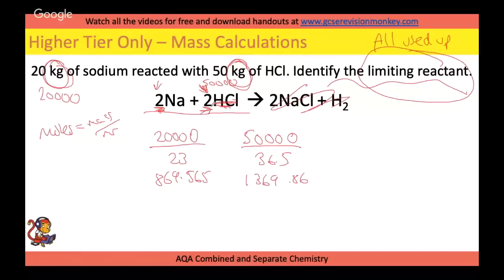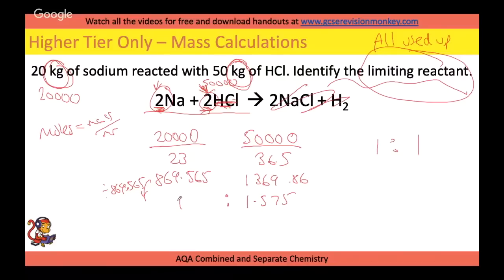Now, because they're the same ratio, you might have worked that out already. But if it's more difficult, if you divide both sides by the smallest one, so in this case divide it by 869.565, you will get a ratio of 1 to 1.575. So you know that the ratio should be 2 to 2, which we'd simplify to 1 to 1.